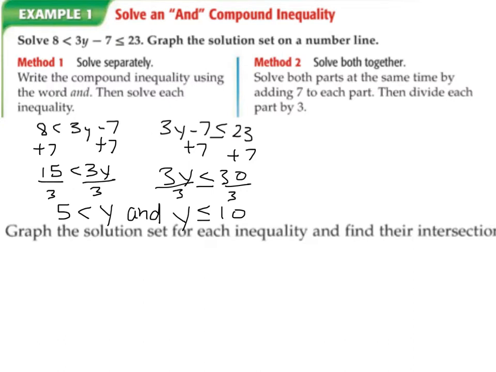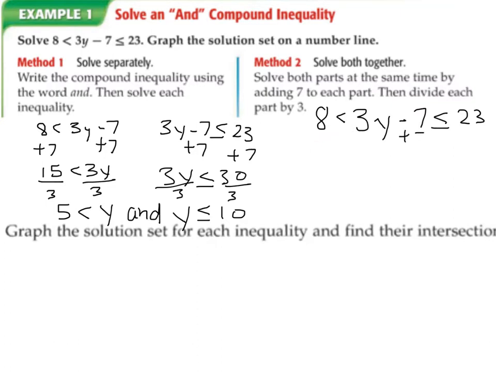In method 2, I'm going to leave the full inequality exactly how they gave it to me: 8 is less than 3y minus 7, less than or equal to 23. Now in this case, we still want to get this y by itself, so we're still going to add the 7 and still going to divide by the 3, but whatever we do to the middle section, we must do to the right side, and we must also do it to the left side.